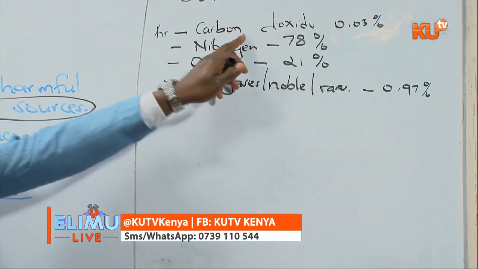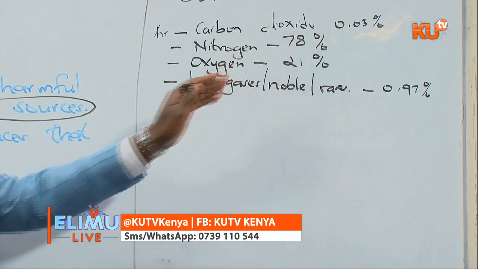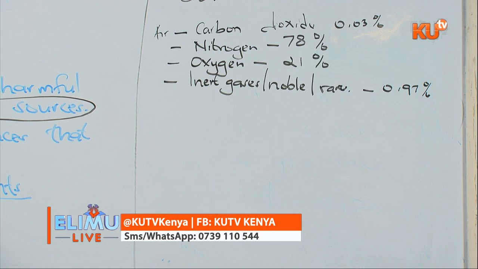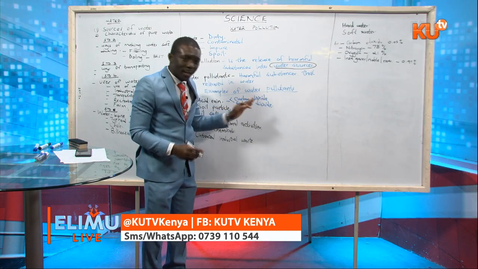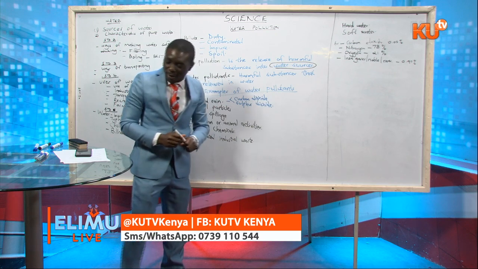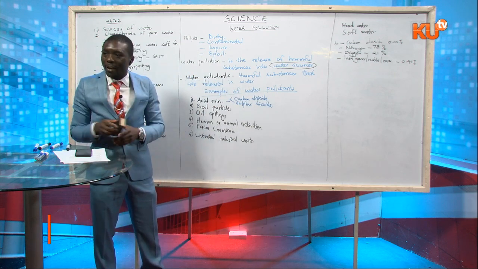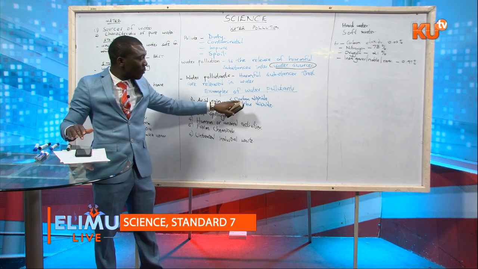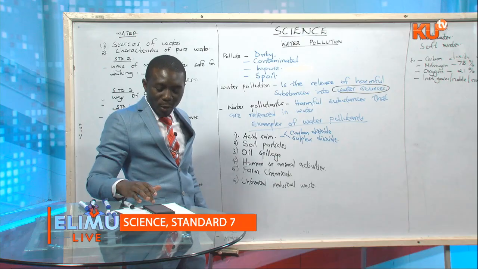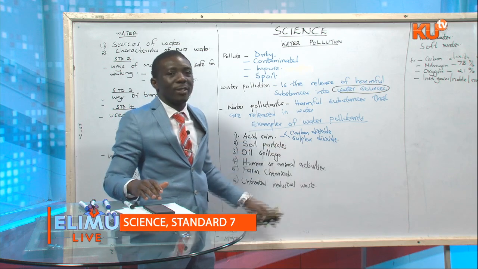But this carbon dioxide does not pollute the air. The one that pollutes it is when it is in excess. So excess carbon dioxide is the one that pollutes the environment. So acid rain is made up of 2 gases: carbon dioxide and sulfur dioxide.